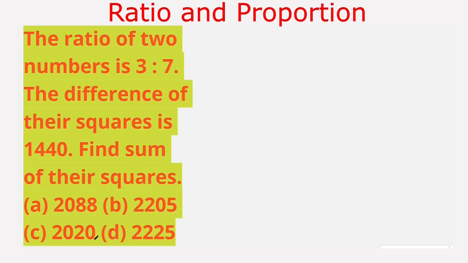It cannot be 26, because then the multiplication will be less than 2000. And if it is 46, then it will be more than 2500. Thus, it should be 36. 58 multiplied by 36 must be 2088. Hence, our answer is option A.